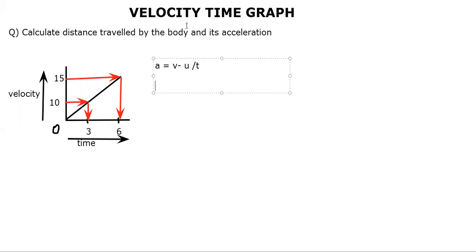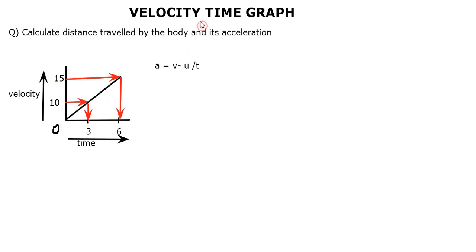Now if you see over here, the initial speed is 0 and final speed of the body is 15. From the graph you can find it out. Initial is 0 and final is the velocity over here, that is 15. So v is 15, u is 0, time from 0 to 6, so time would be 6 seconds.